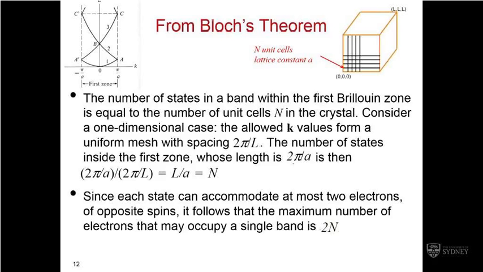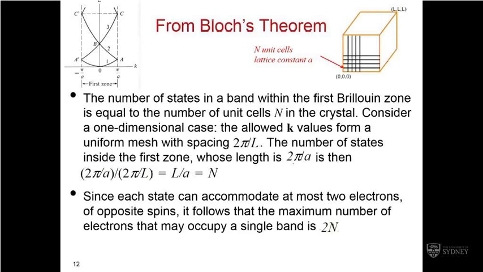If we just consider one dimension, going along here from 0 to L, then we know that the allowed k values will form a mesh with spacing 2π/L, where L is the length of your crystal. So the bigger the crystal, the more finely spaced these k points will be.